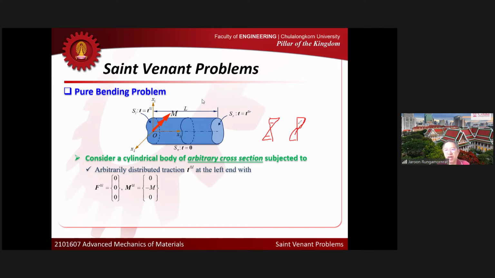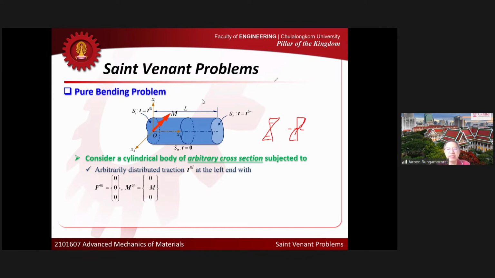So you may have the centroid, the neutral axis here. Let's say that we have the distribution like this. When you do the calculation of the net force, you may end up with zero. But the distribution here is not exactly the same as that one. So what I try to tell you here is that there are several types of distribution that may end up with the same net force and moment like this.